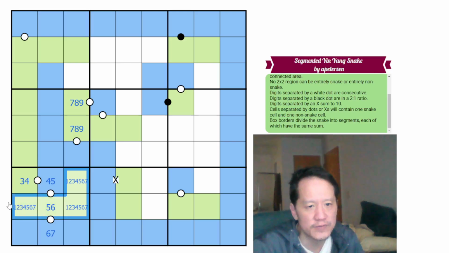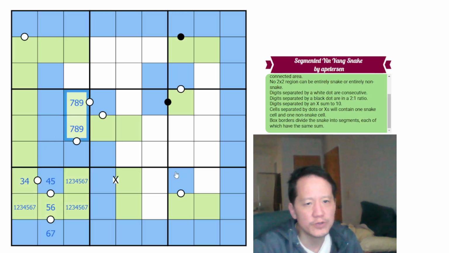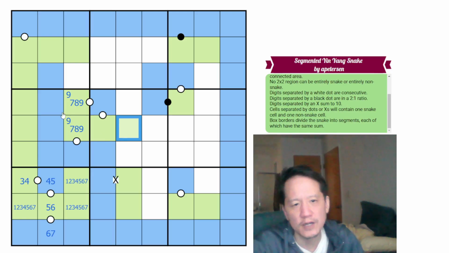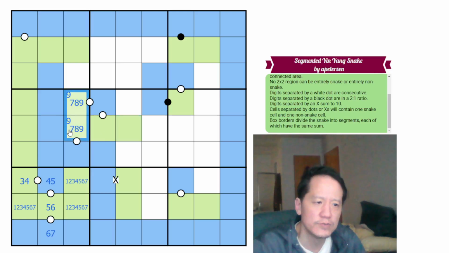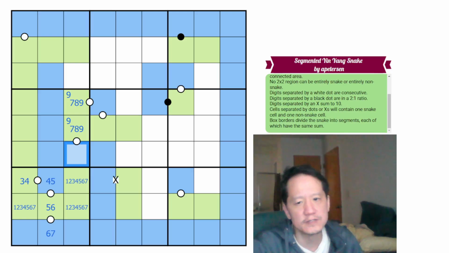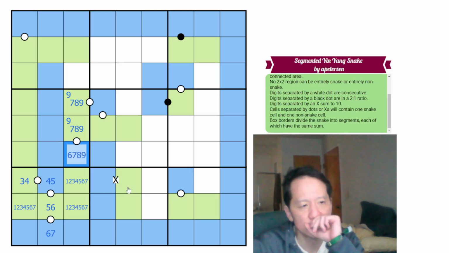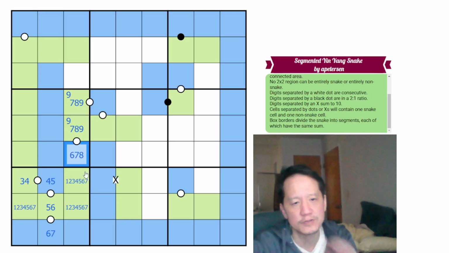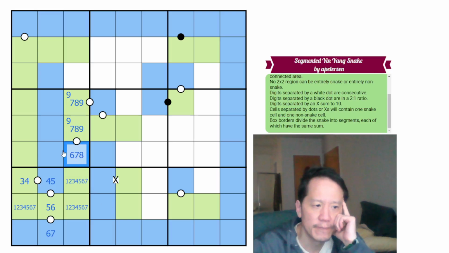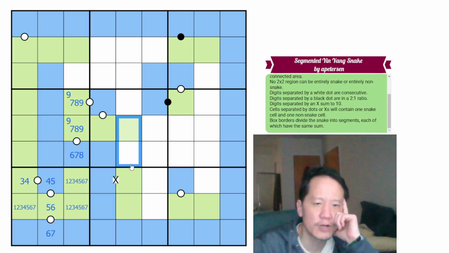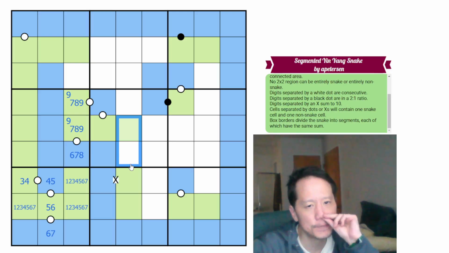It's 16 or 17 here. So we know the 9 is here. So if this is 9, this can be 6 through 9. Oh, wait, 9 can't be here. So this is 6, 7, or 8. This must extend somewhere else, but we don't know where. It probably is that way, though.